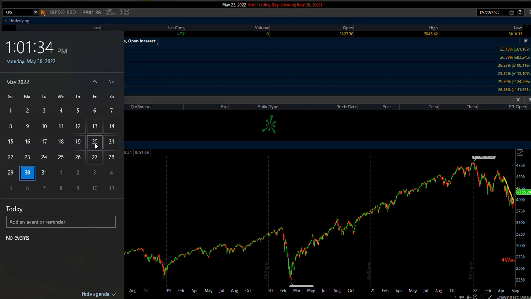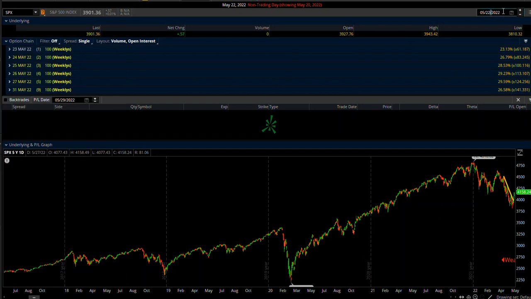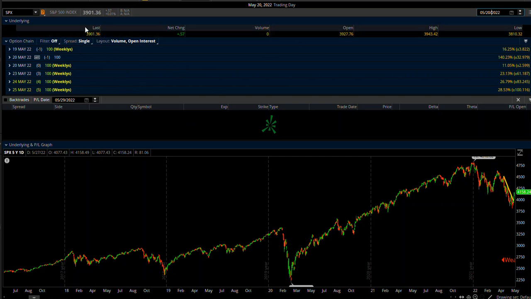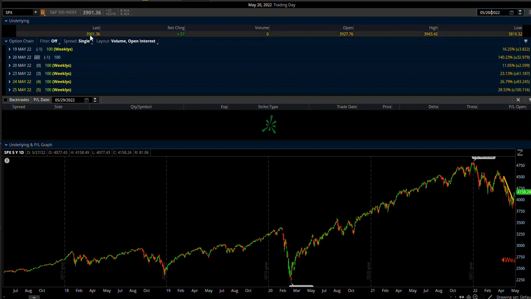So you just type that in there, or you could even use the 22nd. There you go, SPX to the 20th. This is the last price on that date, and it updates it.